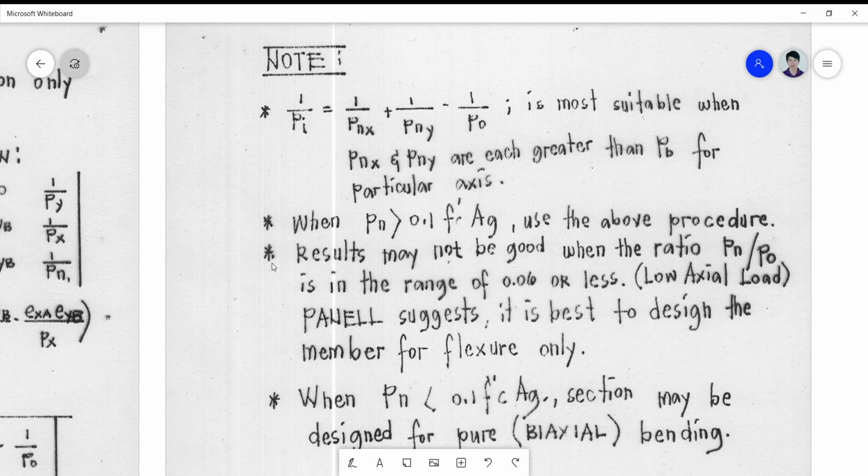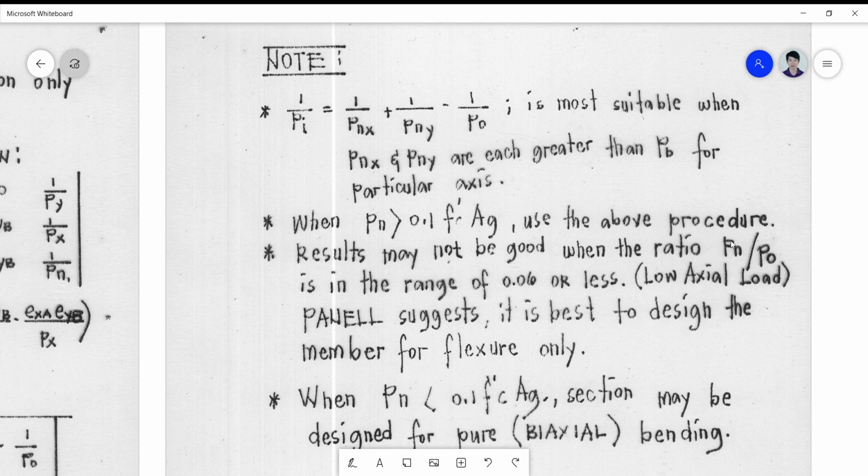How true will this reference be? Results may not be good when the ratio Pn over Po is in the range of 6% or less. So the Pn and Po are taken into consideration. The problem is you don't know what Pn is.